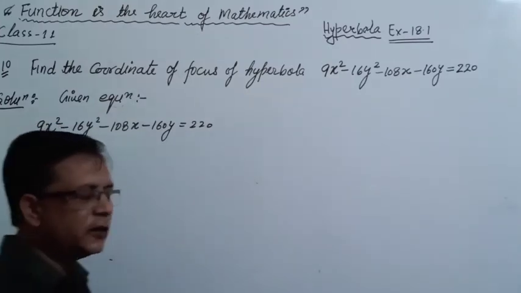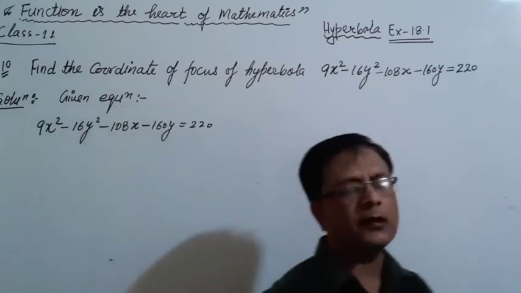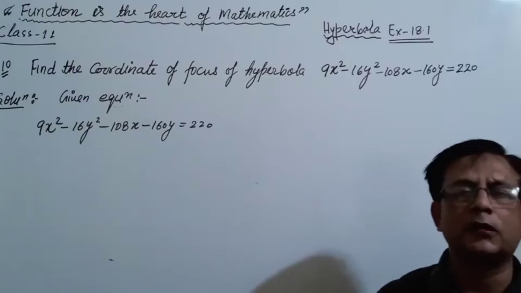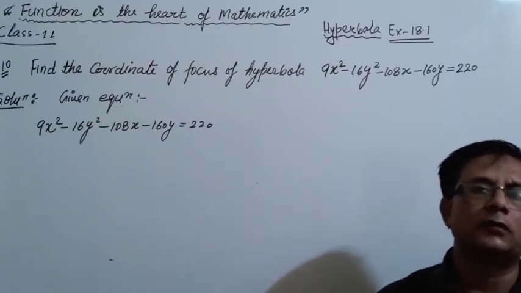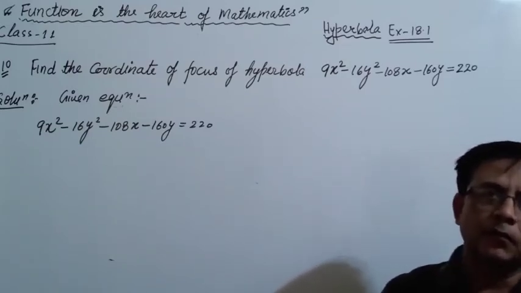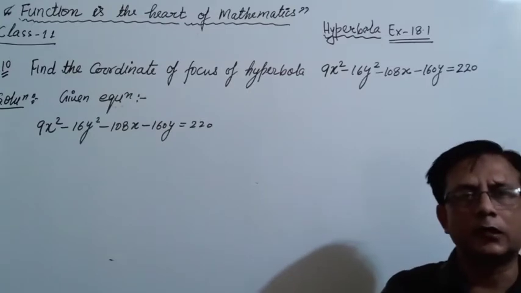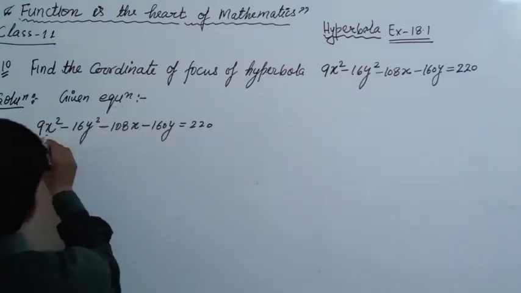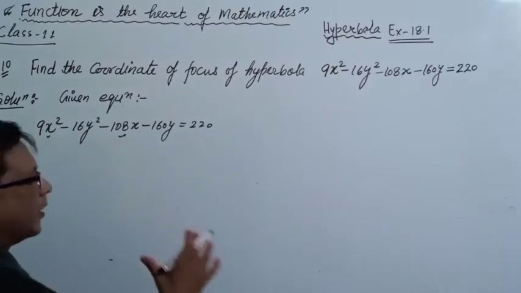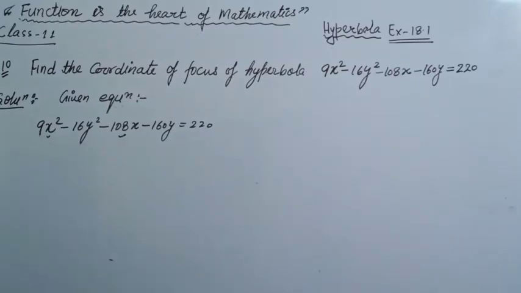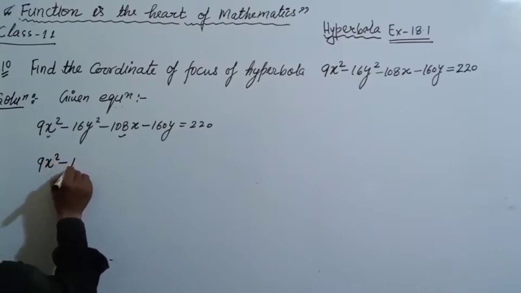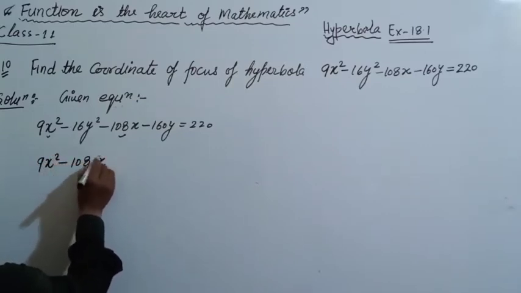To change to standard form, always remember to club the x terms together and the y terms together. Here we have an x term here and an x term here. We club both these terms, so we write 9x square minus 108x.